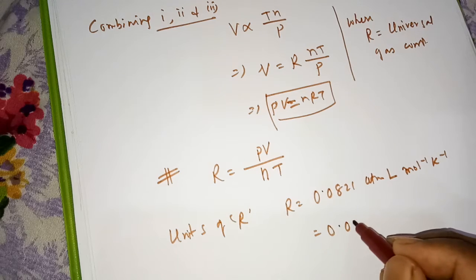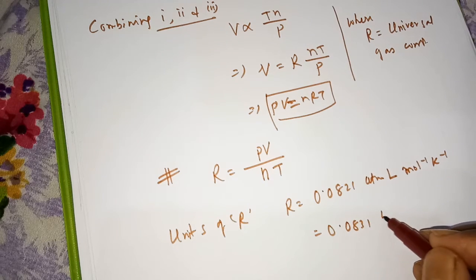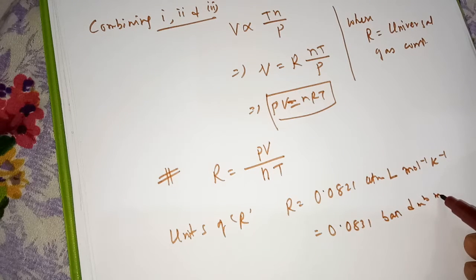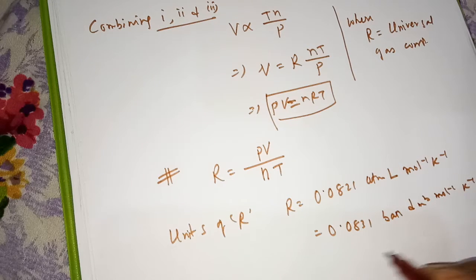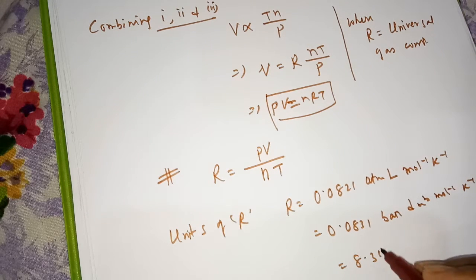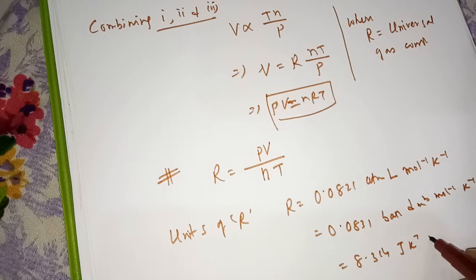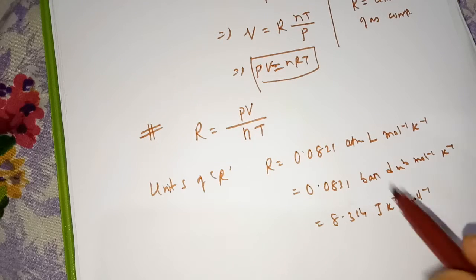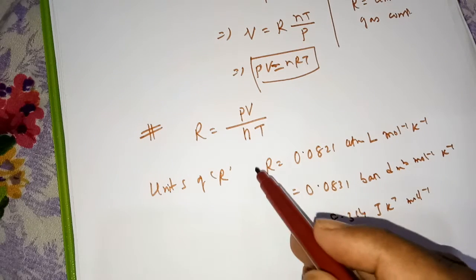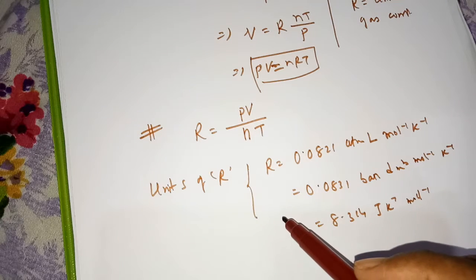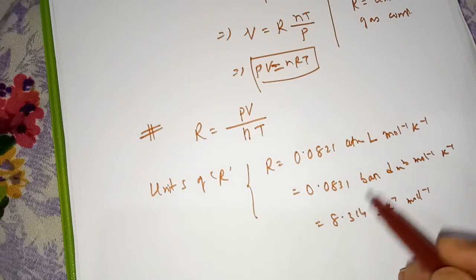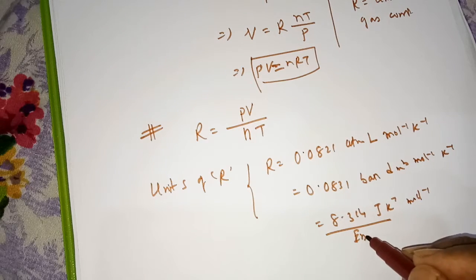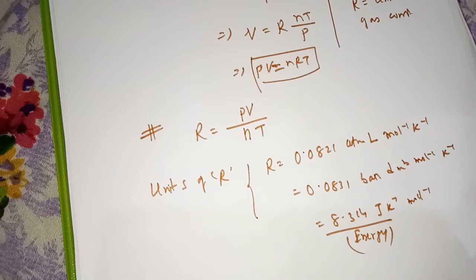R equals 0.0831 bar dm cube per mole per Kelvin. R equals 8.314 joule per Kelvin per mole. So these are 3 units of R that you have to remember. Generally, for pressure related things, we use the first and second, and for energy we use this one. This one is only for energy. If any question is energy related, then you have to use this one.